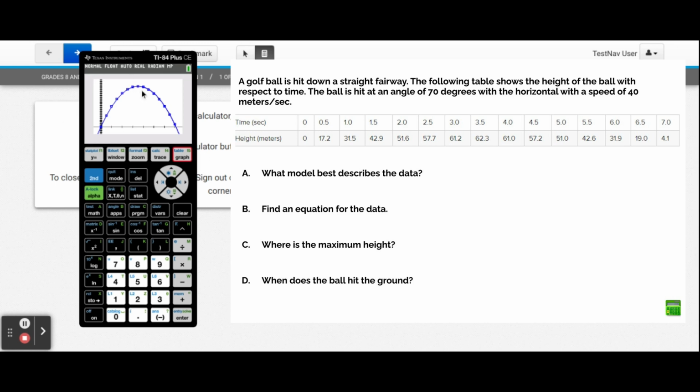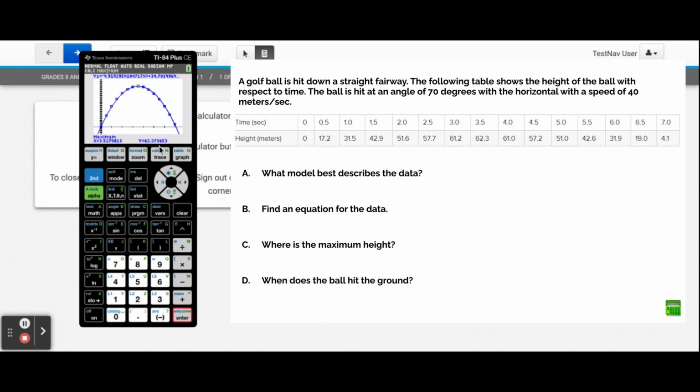So I want to find the max. So I'm going to hit second, trace, which takes me to calc, and I'm going to hit 4 to find my maximum. My maximum's right there, so I'm going to go to the left just a little bit, hit enter. I'm going to go to the right just a little bit, hit enter again. And my maximum value exists at 3.5, blah, blah, blah.